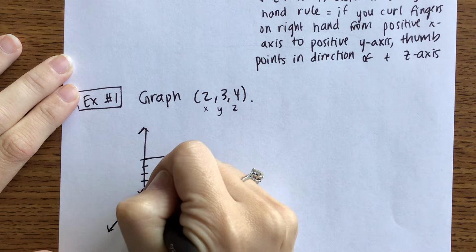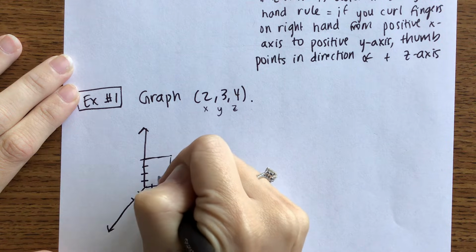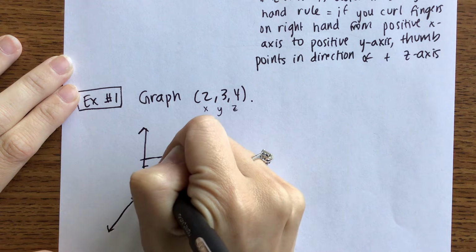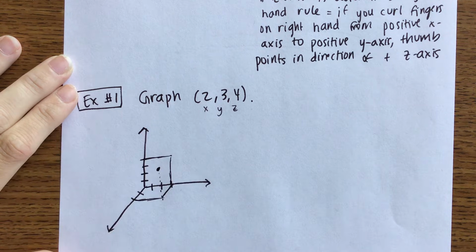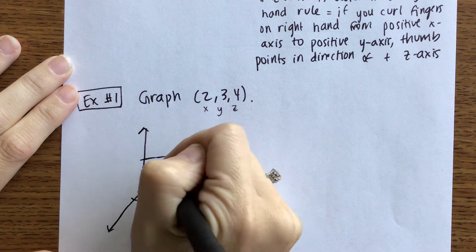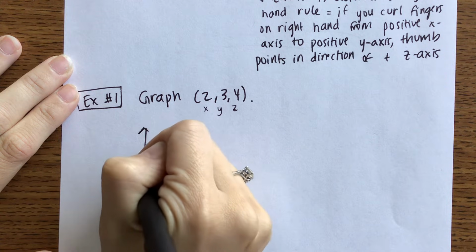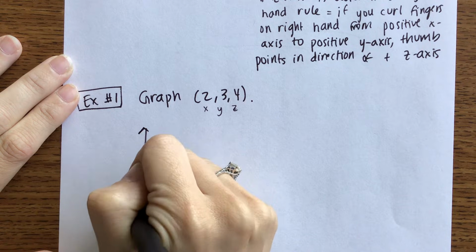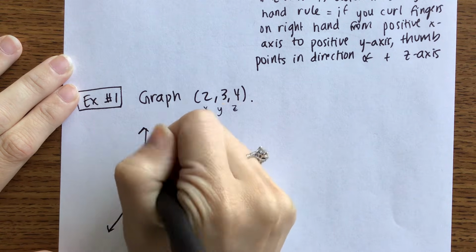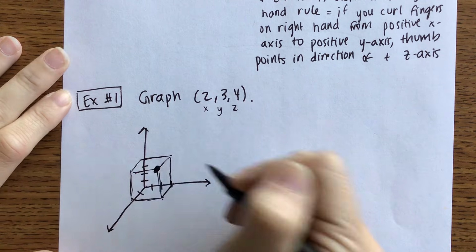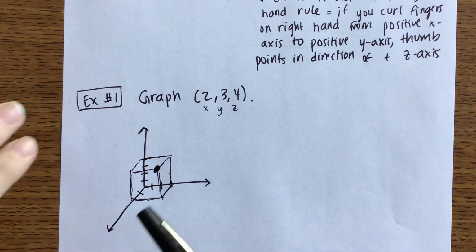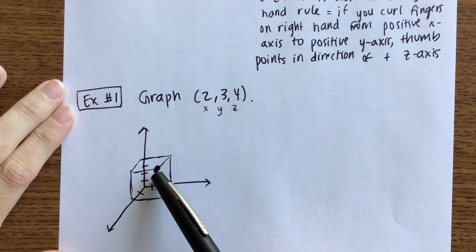So out 2, over 3, up 4. So maybe right there. And then you're going to fill in the rest. So that's the point 2, 3, 4. Out 2, over 3, up 4.